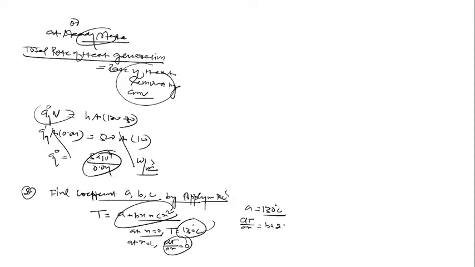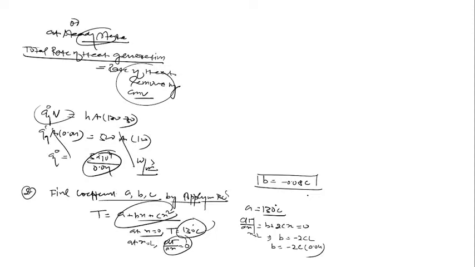It's B plus 2Cx, which is 0 at x equal to L. So B is equal to minus 2CL. Yes or no? L is given as 0.04, so B is equal to minus 0.08 C.